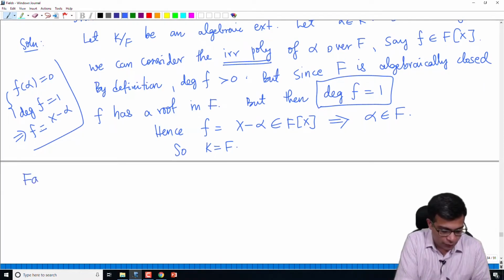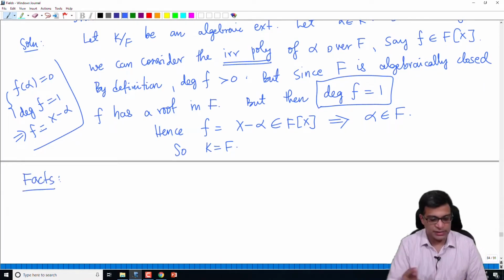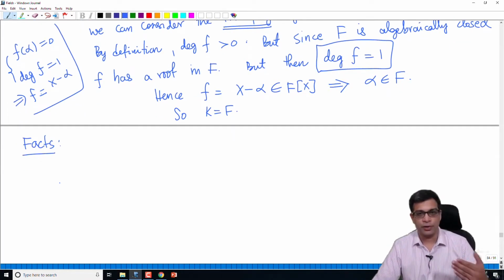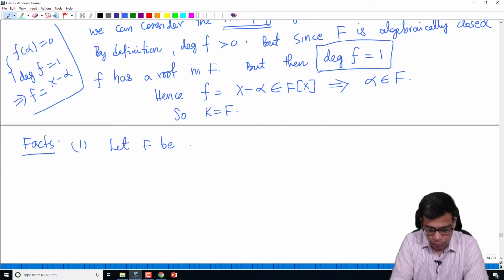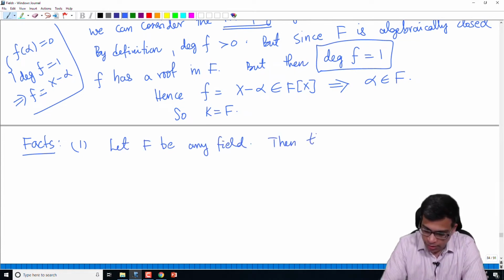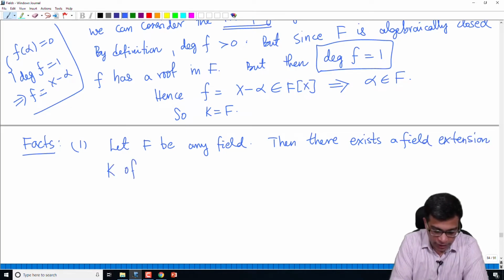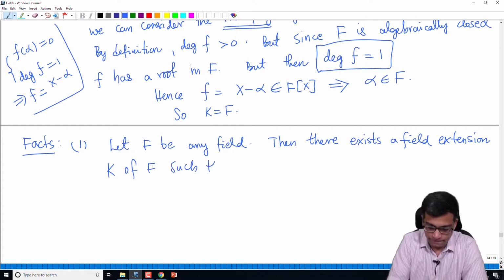So I will give you a couple of facts here which you may use in exercises, exams and homeworks, and you will learn these in a different course. First fact is that, let F be any field, then there exists a field extension K of F such that K is algebraically closed.